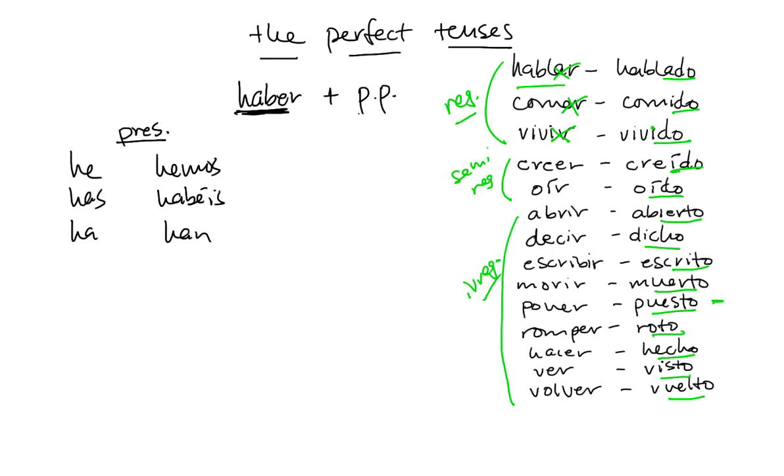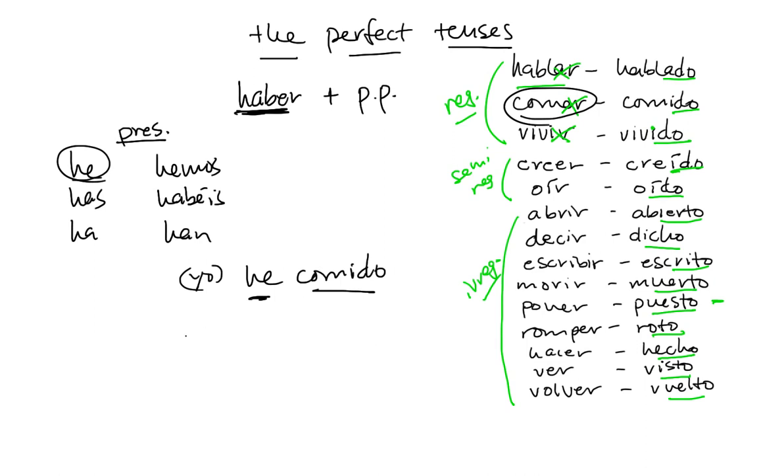It's only used here with these past participles to create the perfect tenses. So if you combine the yo form of haber plus any one of these past participles, let's say comer, you'd end up with yo, optional, he comido, and that would render the idea of I have eaten.